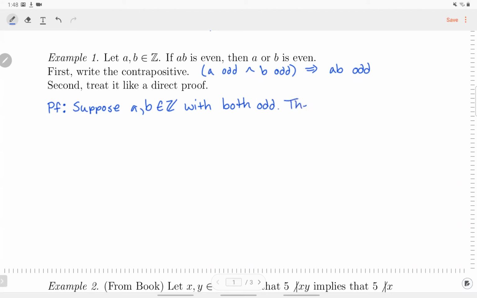Just like chapter 4, then there exist, I'm going to call them K and L, in the integers such that A equals 2K plus 1 and B equals 2L plus 1.